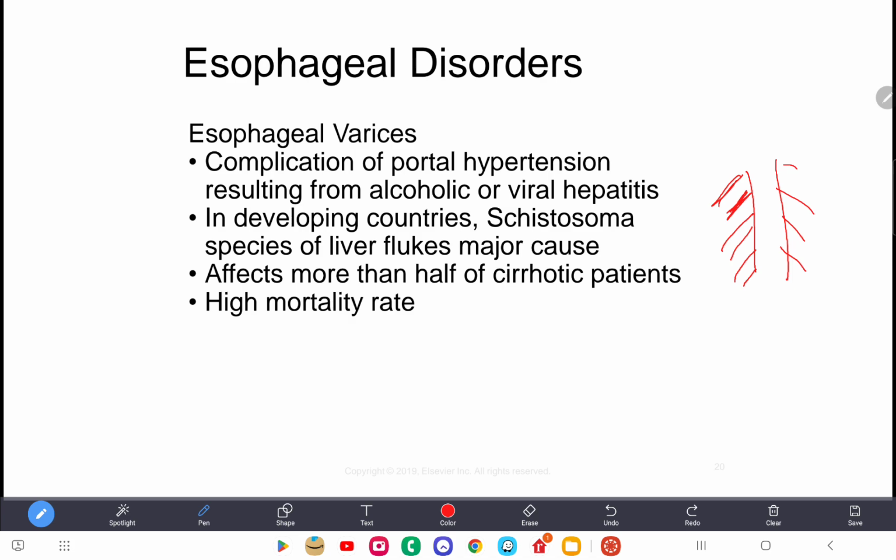They are at risk to break and have bleeding. That's why you have high mortality rate, because if you break this one, then the blood leaks out, and then you have a massive bleeding.